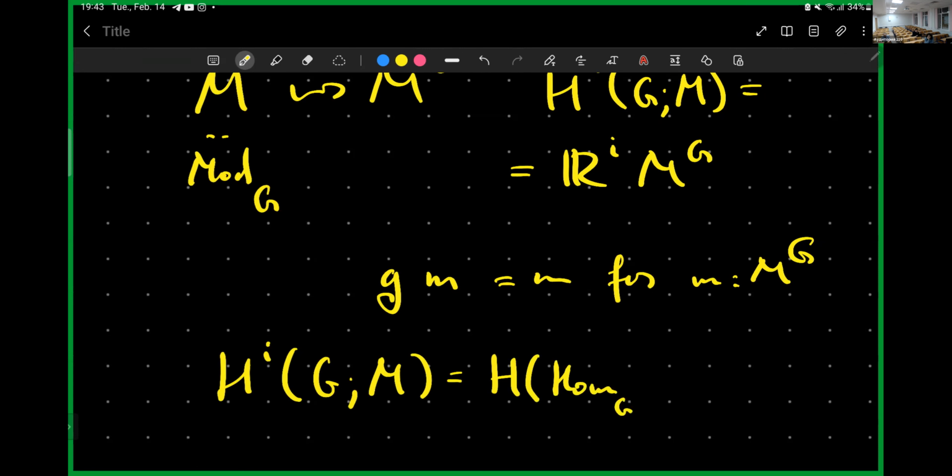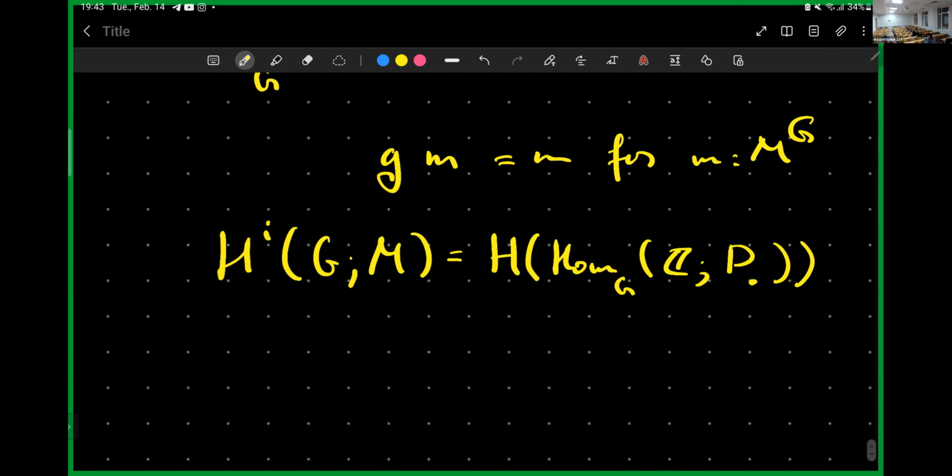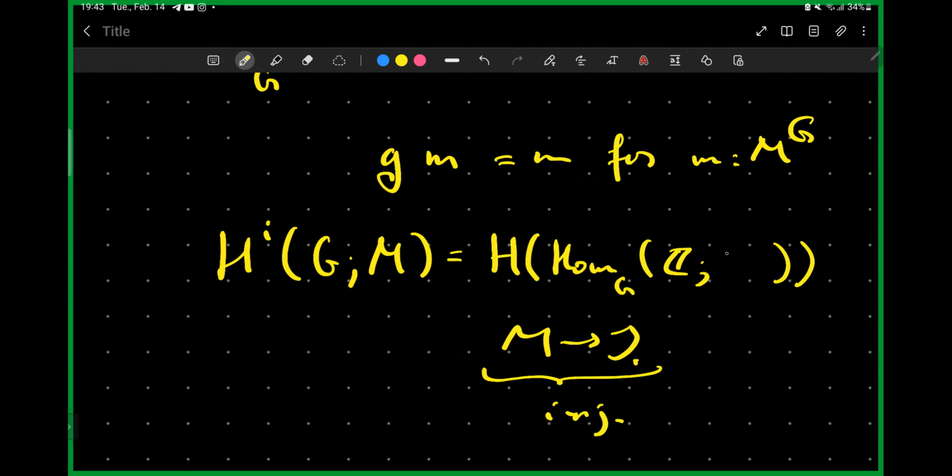So we take Hom_G from Z to M. There are two ways to proceed. We either take the injective resolution of M, or the projective resolution of Z. We could do that.